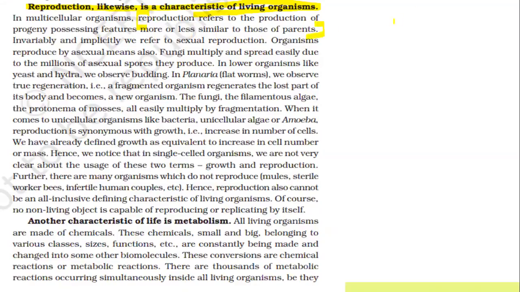The progeny or offspring after reproduction are more or less similar to those of parents. They may be similar or they may be non-identical. There are two ways of reproduction, that is the sexual as well as asexual ways. And I hope to do this NCERT in a separate series, so that you will be clear. Wait, I will be continuing with this.